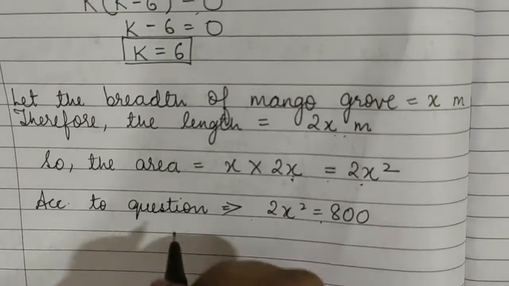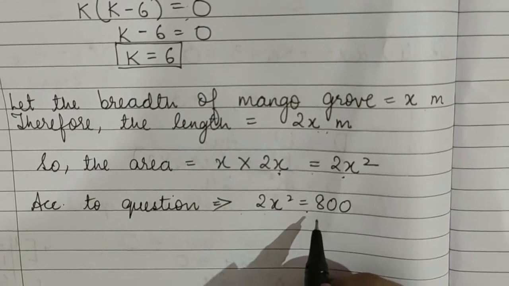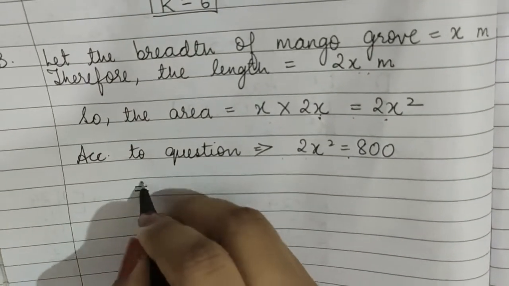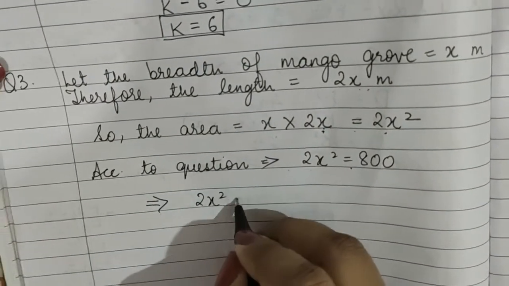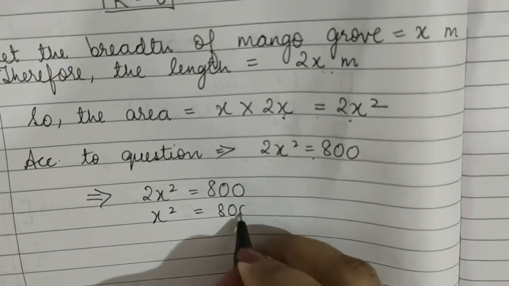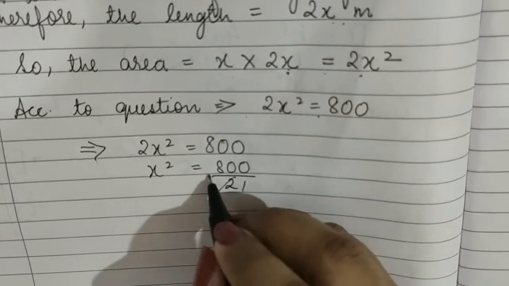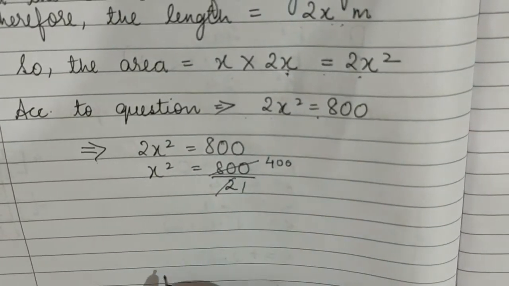Now from here we are going to find out the value of length and breadth. So this is 2x square equals to 800, x square equals to 800 upon 2. We are transposing 2 to RHS. So this will be 2 ones are 2, 2 400s are 800.